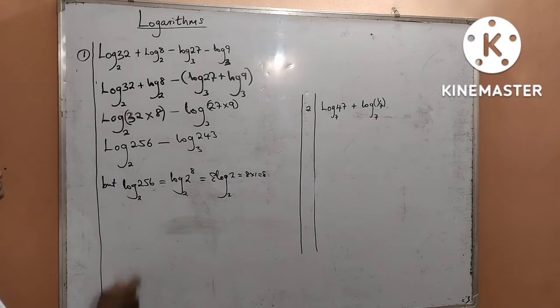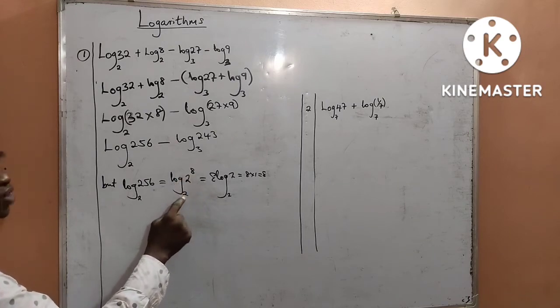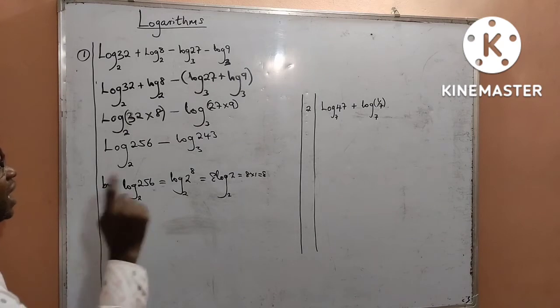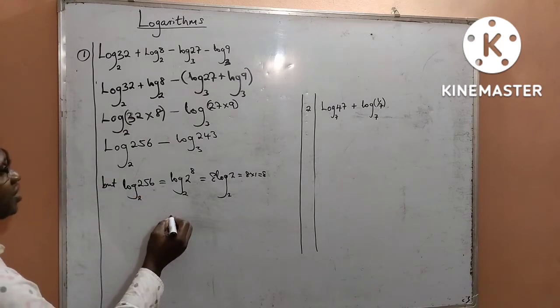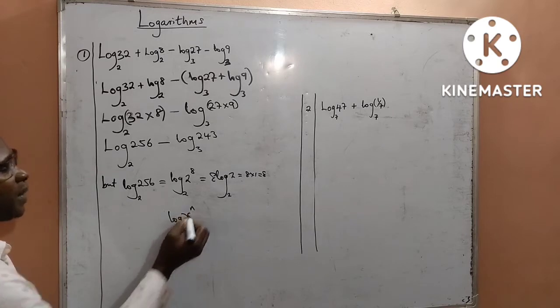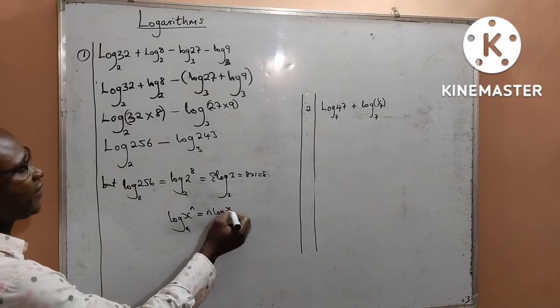What have I done? Log 256 base 2 can be written as log 2 raised to the power 8 base 2 because 2 raised to the power 8 is the same as 256. In logarithms, the law says that log of x to base a raised to the power n is equal to n log x base a.